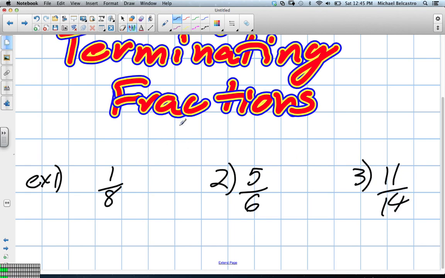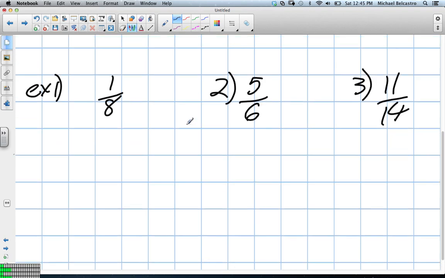We're going to use prime factorization to figure out if they're repeating or terminating. We already know this; we've gone through it a little. So, what's the rule?